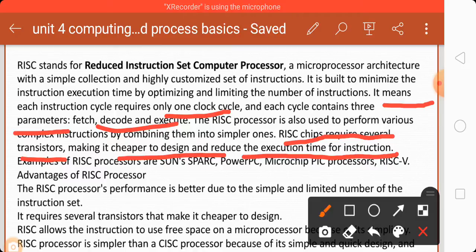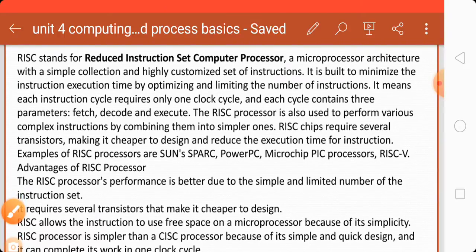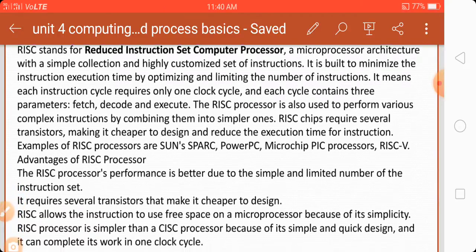For example, RISC processors are Sun SPARC, PowerPC, Microchip PIC processors, and RISC-V.